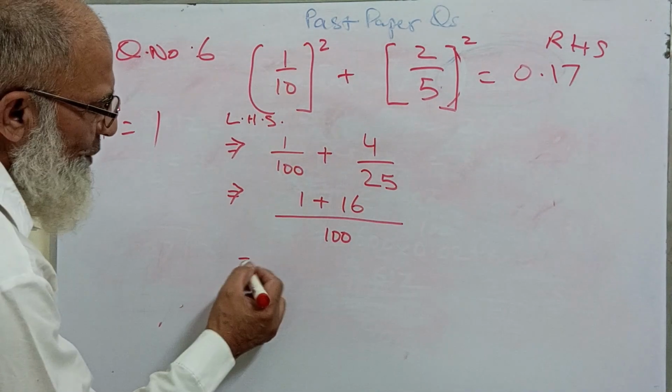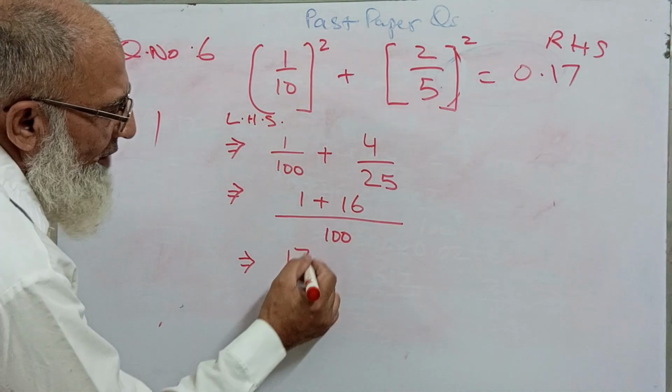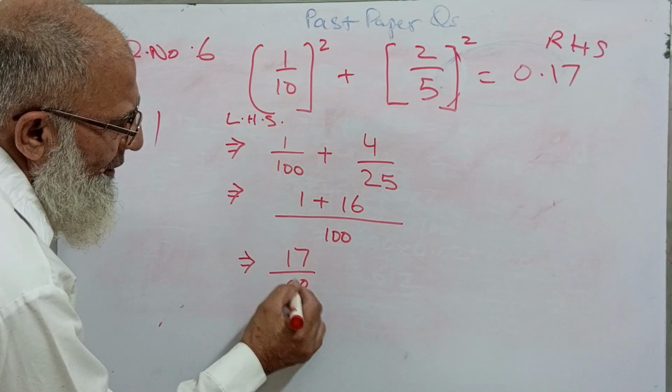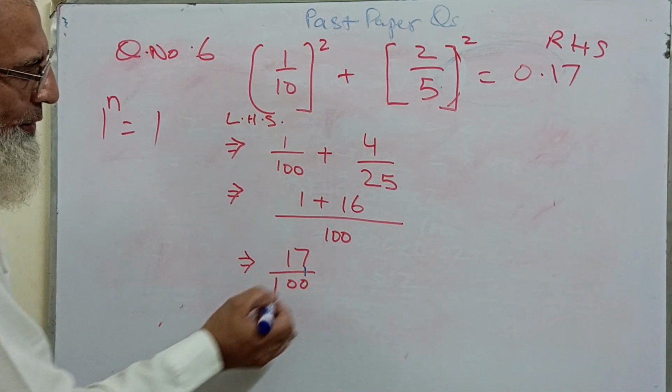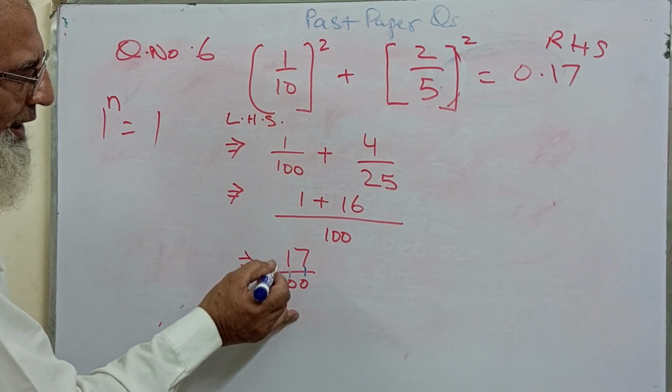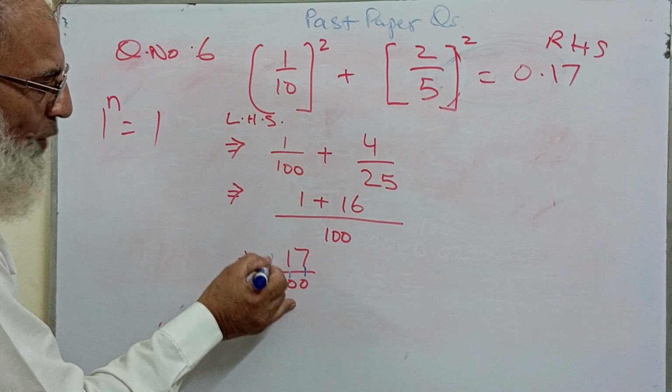Now, my dear students, you see that something is clearing now, that it has become 17 upon 100. And as I told you, when you get some zeros with 1 in your denominator, just do it like this and put a point over 1.